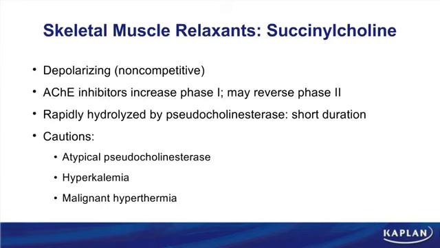If I were to use an acetylcholinesterase inhibitor in the presence of succinylcholine, in what's called phase 1, while the drug is still stimulating the skeletal muscle, I'm going to enhance that action. With more acetylcholine, I will more rapidly desensitize the receptor and lead to paralysis.